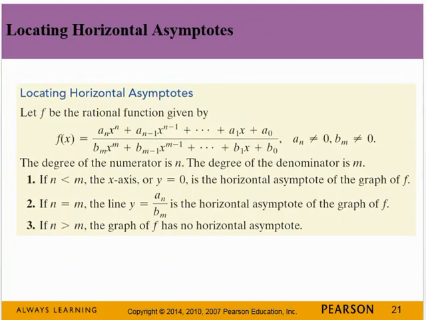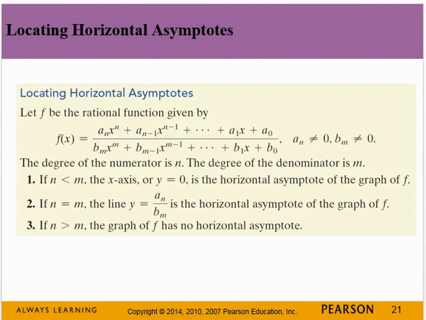So, locating a horizontal asymptote. If f is the rational function below, f of x, and a sub n is not 0 and b sub m is not 0, the degree of your numerator is n, the degree of your denominator is m. There are three situations.